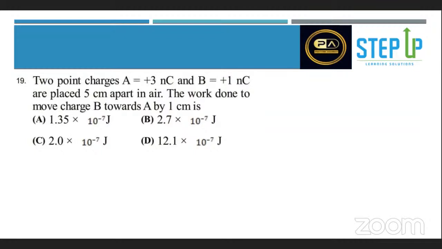Anyone have the answer? Okay. Gautam says A. Good. And I say Gautam's answer is right.